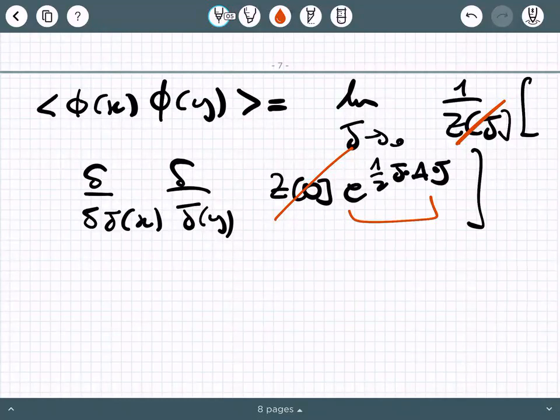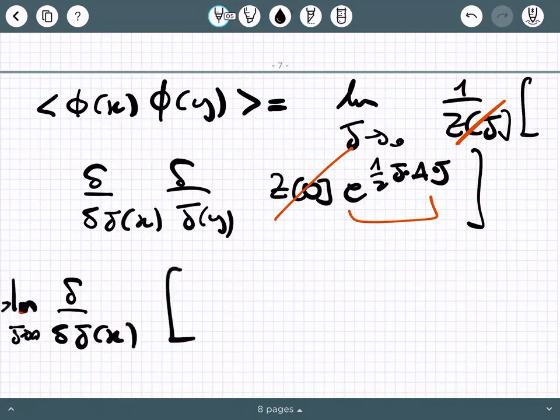So let's do the first derivative first. So this is going to be the derivative with respect to j of x. Sorry for being pedantic, but once in a lifetime, it's a matter of doing things all the way through.